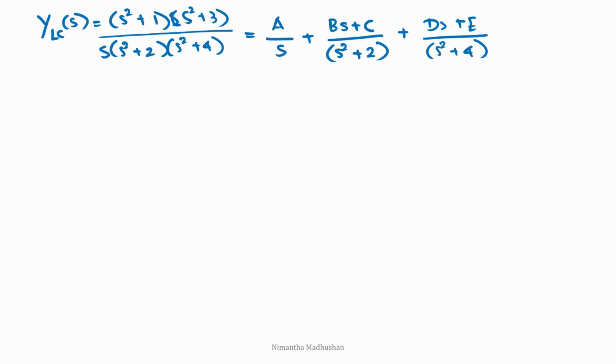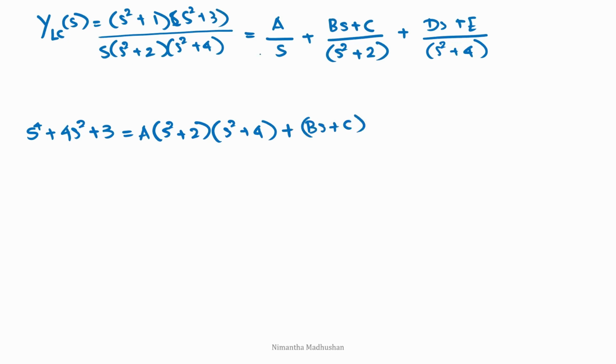I will expand the numerator on the left hand side. It is s to the power 4 plus 4s squared plus 3. It is equal to a times (s squared plus 2)(s squared plus 4), plus (bs plus c) into s into (s squared plus 4), plus (ds plus e) into s into (s squared plus 2).